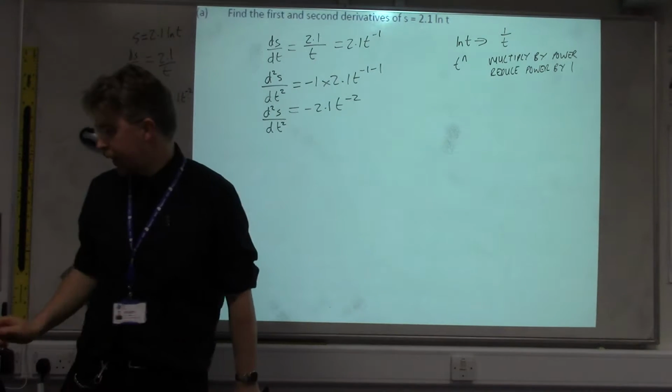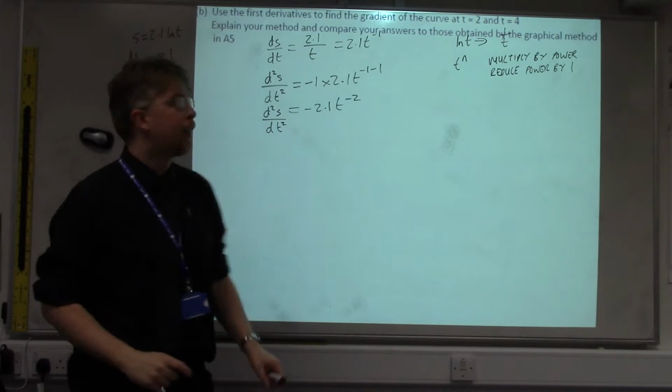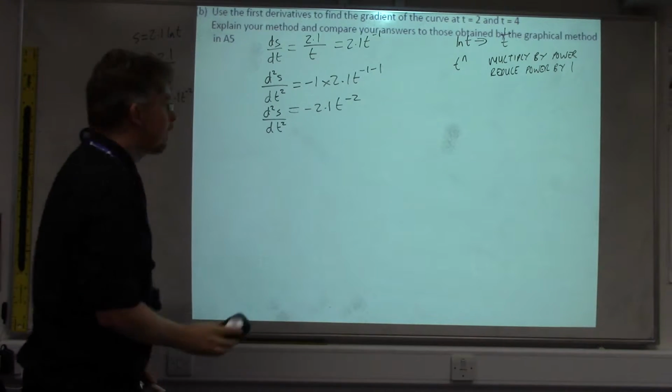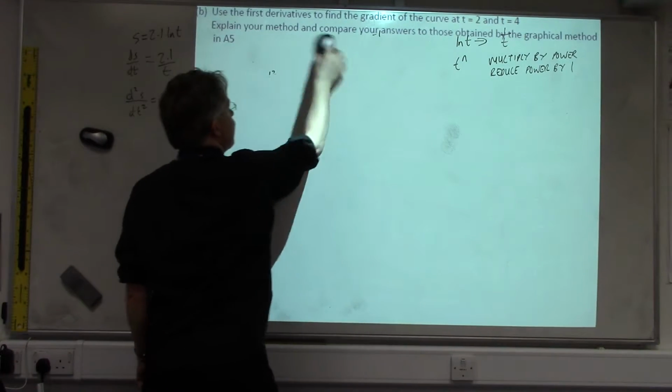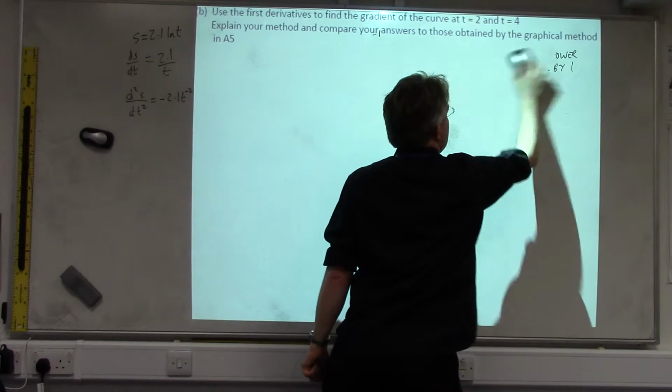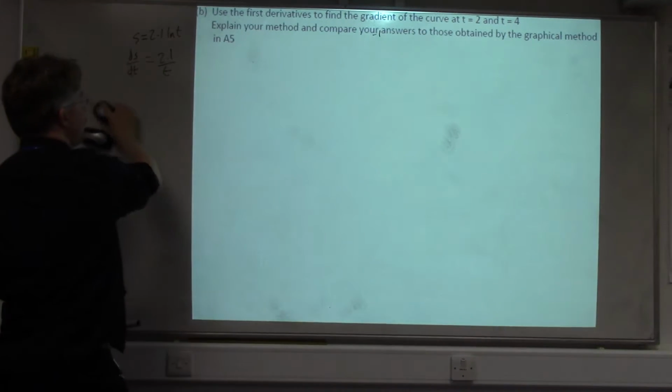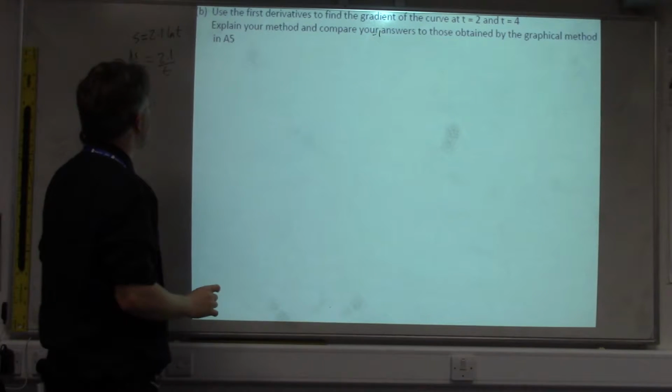Then moving on to section B. There is no section C in this case because there are no turning points on the curve. So we don't need the second derivative past part A, we just need the first derivative.